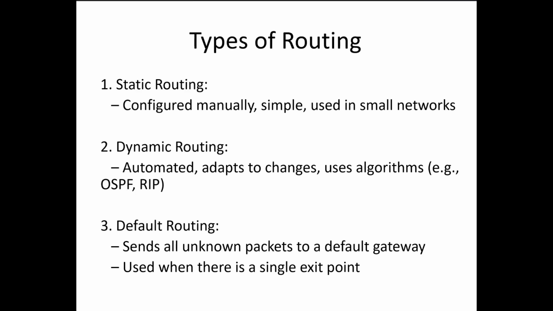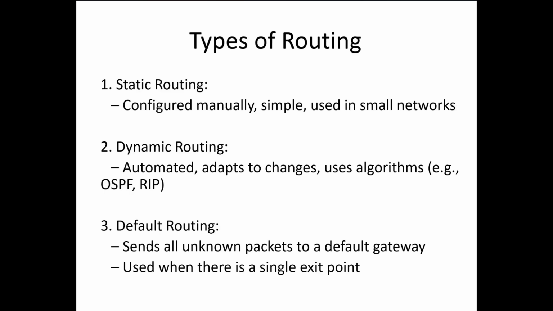So similarly, in static routing, a fixed route or fixed path is set manually by the network admin. And yes, it is simple, but it is not flexible because you cannot change that route, you cannot change that path. So this is mainly used in small networks.